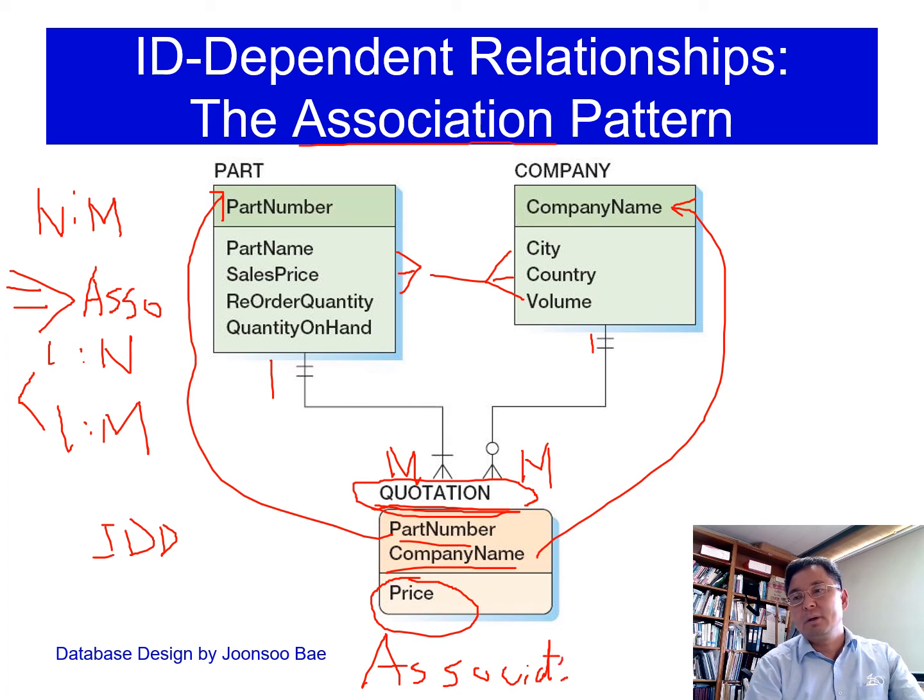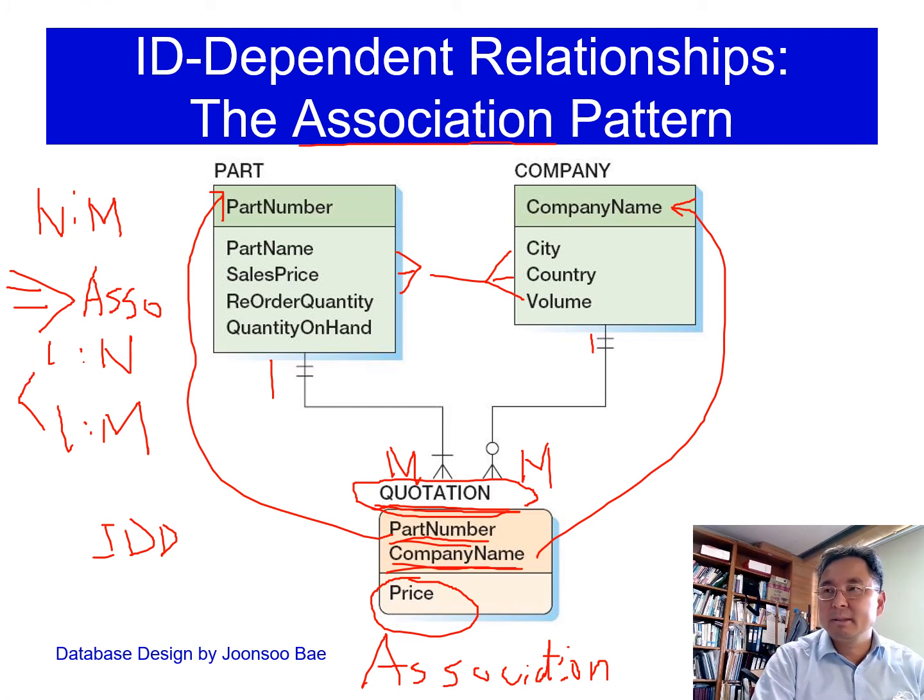But how about if there is no additional attribute here, like price? That means they have only the two identifiers.